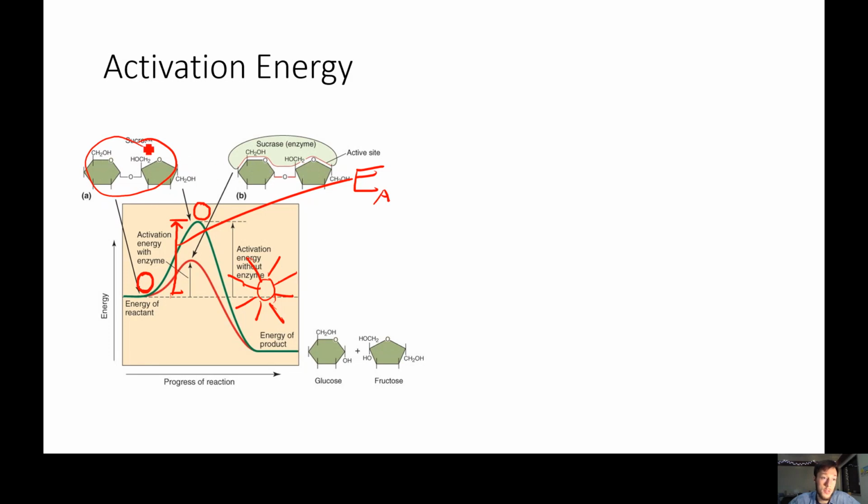This molecule of sucrose fits into the enzyme, which is specially designed for it. Look at the shape, it's perfect, right? And this enzyme fits, and now it's binding to the active site. And what it's doing here is applying tension on a molecular level.